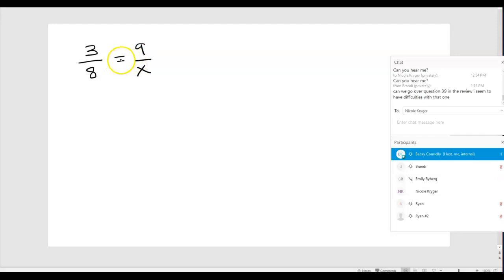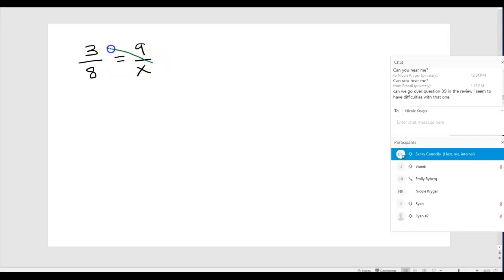This isn't a multiply question. It's 3/8 equals 9/x. So in order to solve for x on this, the easiest way would be to do cross multiplication. And you can only do that when it's connected by an equal sign. You don't want to do that if it's a multiplication sign.